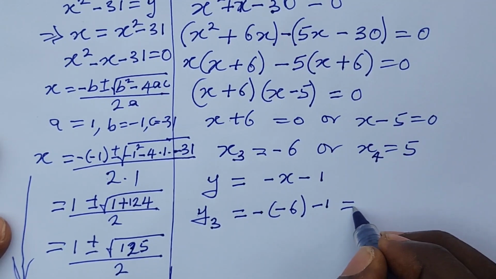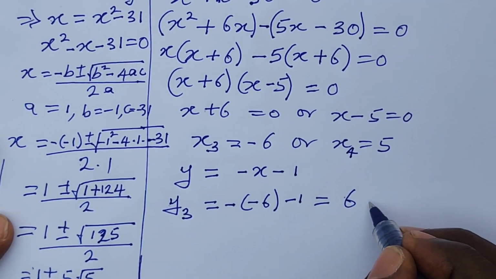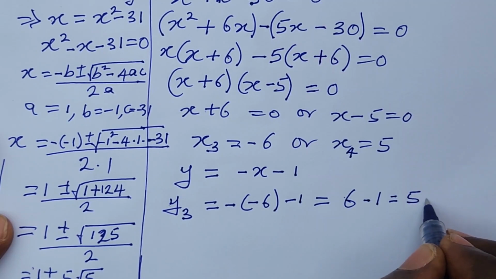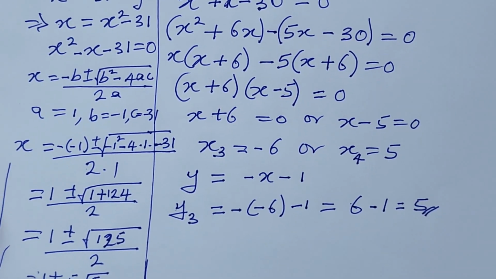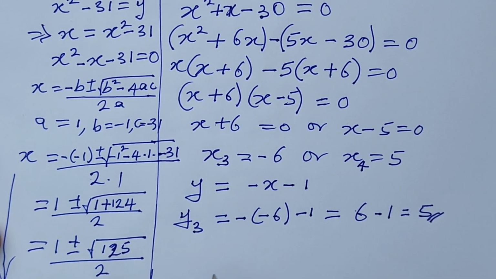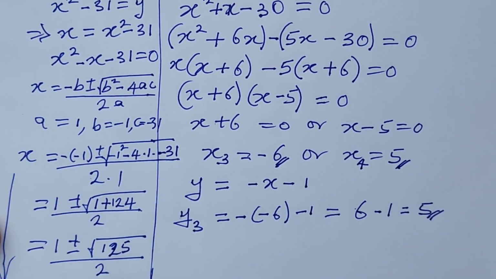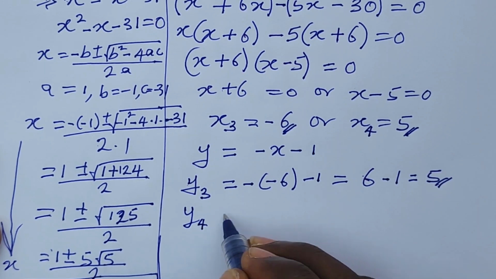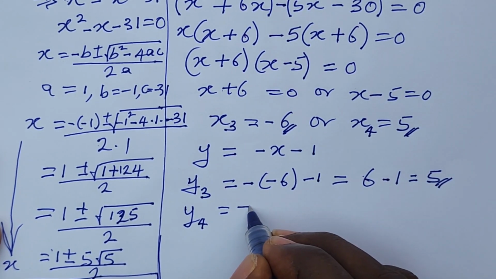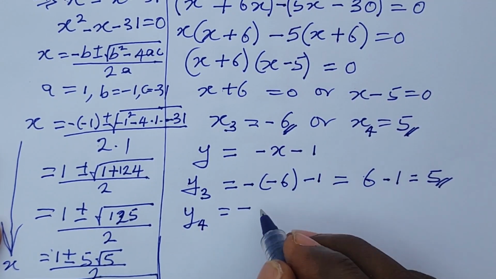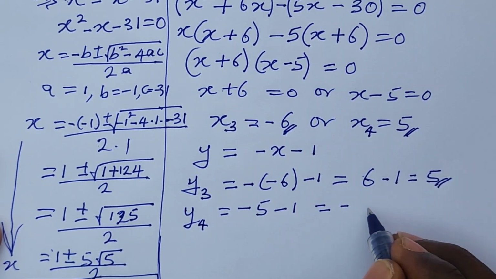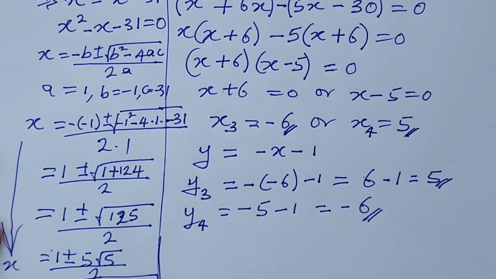So this will give us 6, then minus 1, which is equal to 5. So our y3 is 5. Our x3 is minus 6, and our x4 is 5. So we do same for y4. y4 will give us minus, we have 5 here, so minus 5, then minus 1, which is equal to minus 6. So our y4 is minus 6.